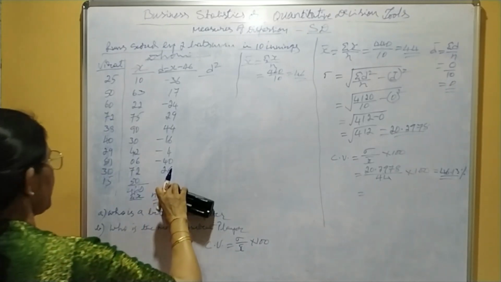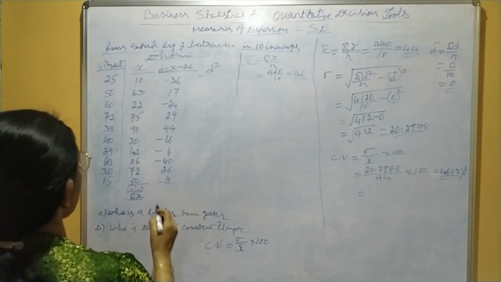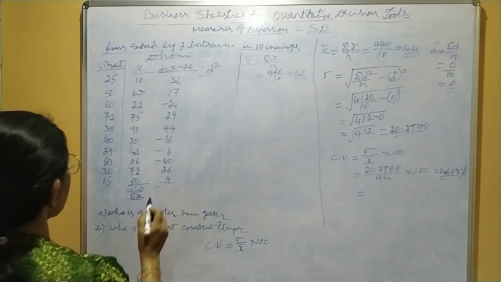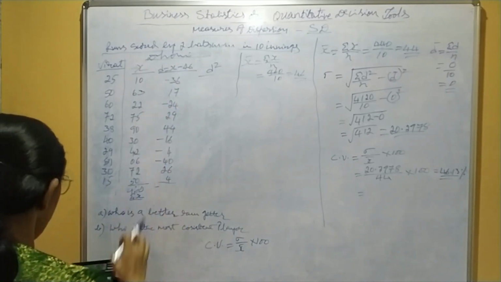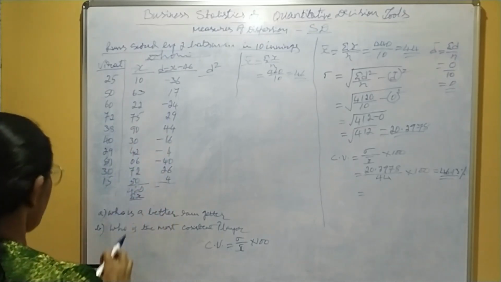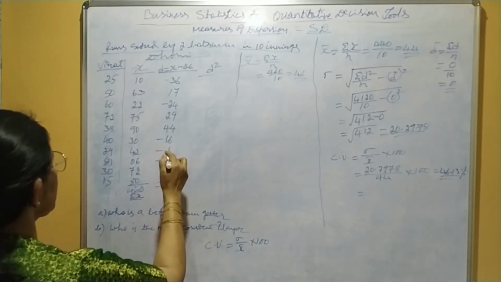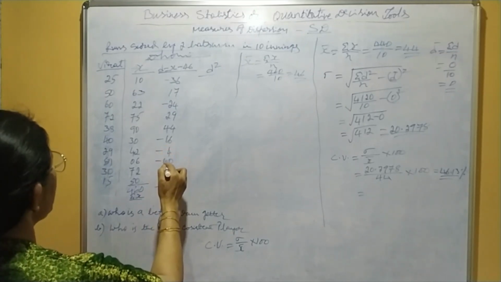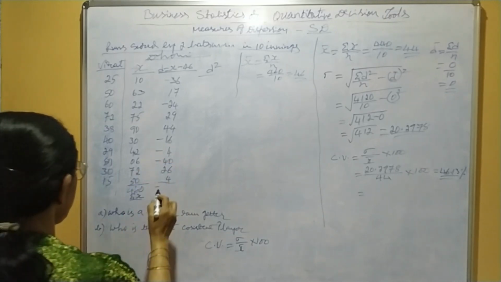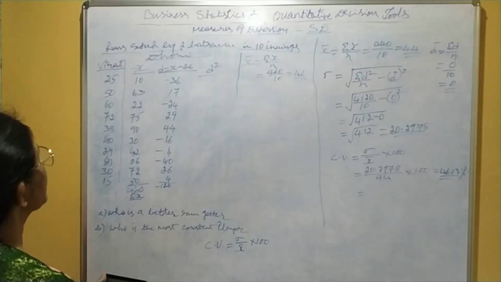Now if you want, before taking d square, you may take sigma d. Here take the minus values total separately. Minus 36 plus minus 24 plus minus 16, 20, 60. That means it is minus 120.